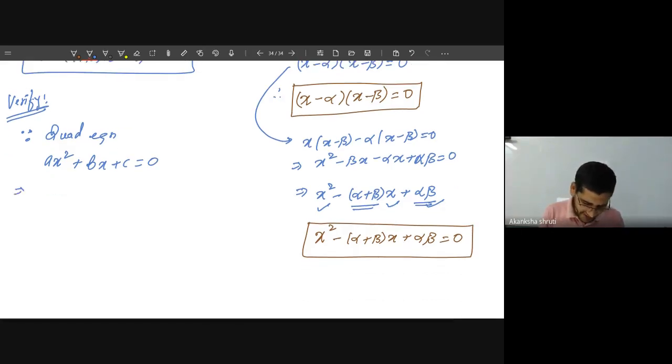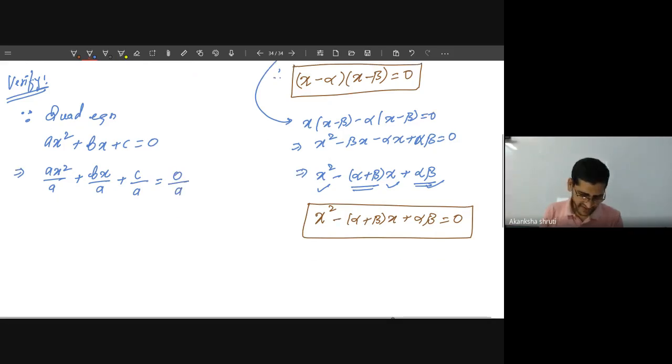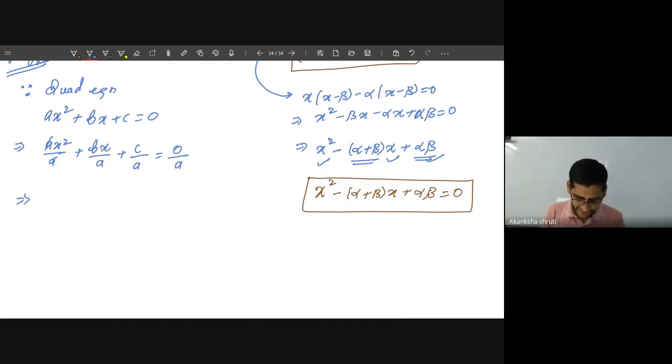Now I may divide each term by a only. So ax square by a, means left hand side and right hand side both are divided by a, plus bx by a plus c by a, 0 by a. So this a can be cancelled. So this can be written as x square plus b by a x plus c by a is equal to 0.